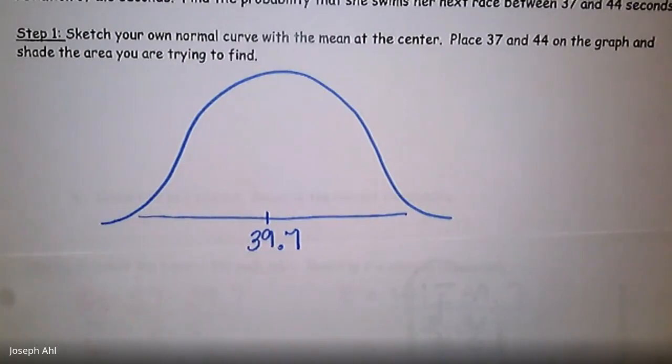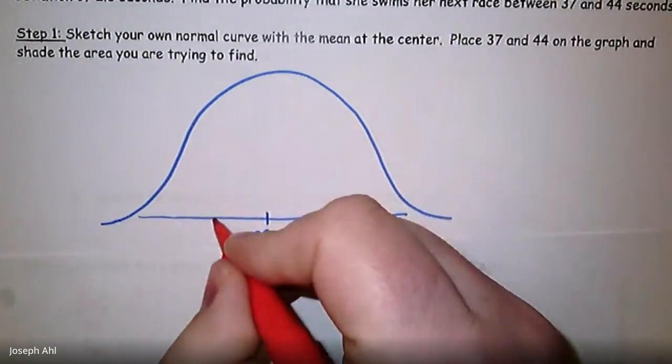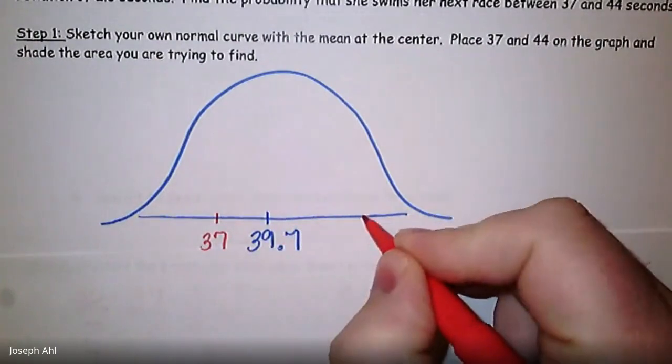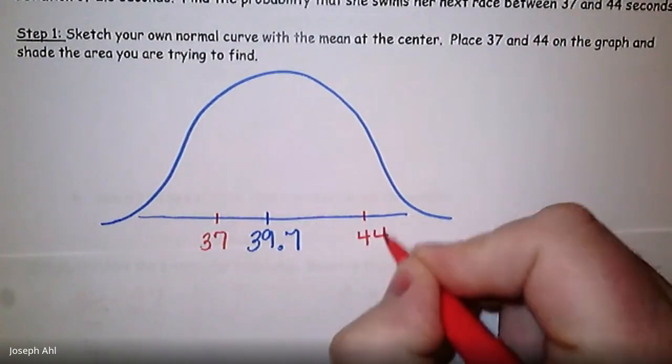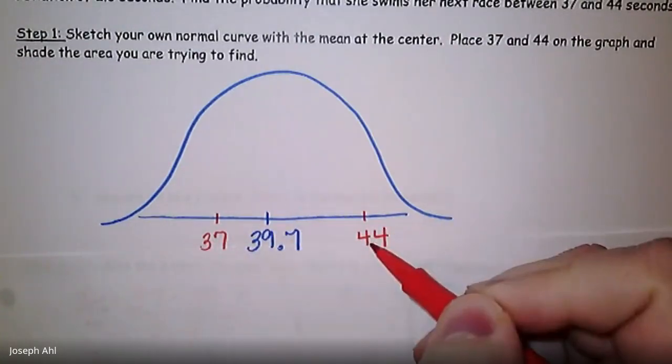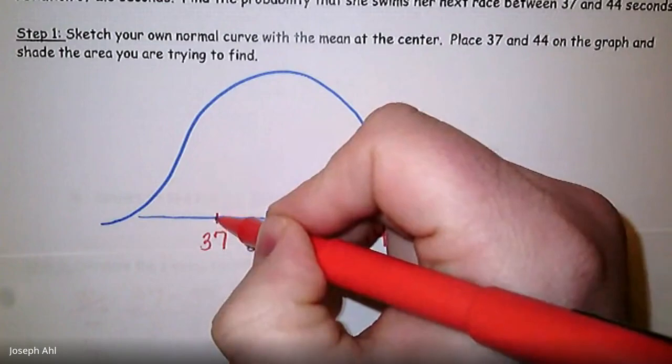And what we're trying to figure out is what percent of swimmers would have swum the race between 37 and 44 seconds. So 37 is a little bit closer to 39.7 than a time of 44 would be. I'll try and make it look a little bit accurate, although as long as they're on the correct respective sides, it's not a big deal.